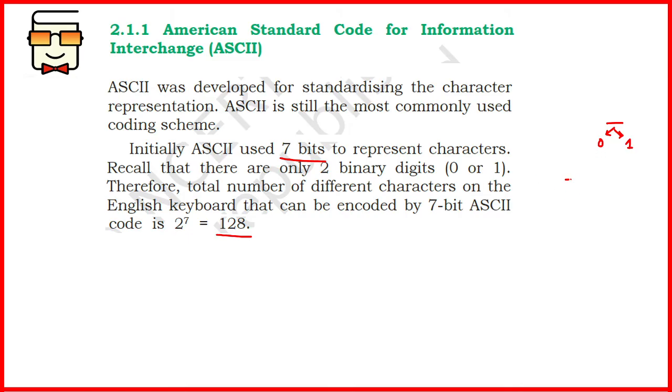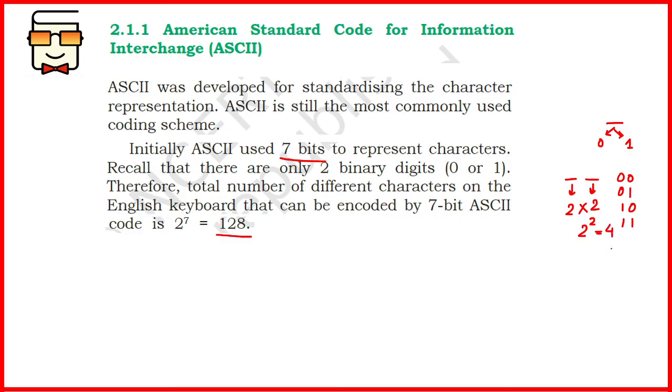So now if you have two places, you have two choices for the ones place, and two choices for the tens place, and therefore how many combinations can be formed? Either both can be 0, one can be 0 and the other 1, or both can be 1. So 2 into 2, that means 2 raised to the power of the number of places.